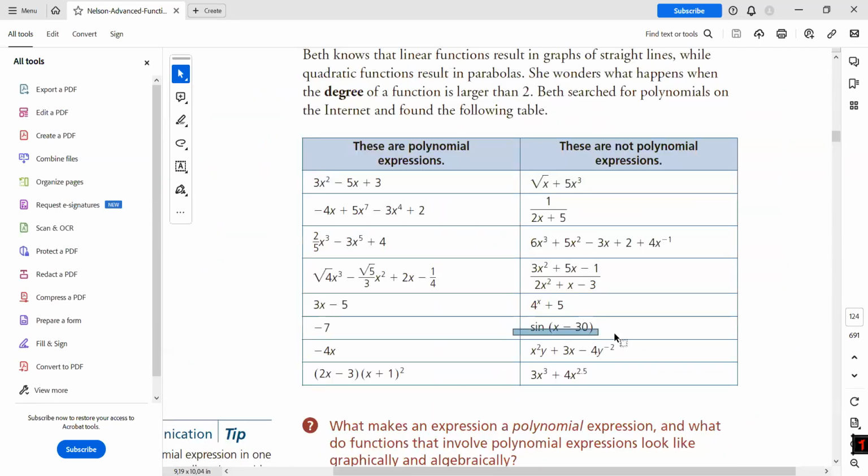Again, the sine function is not a polynomial function, that's why it's not a polynomial expression. And there is no exponent here for x, as you can see. Also, 4 to the power x plus 5 is not a polynomial expression because it's an exponential function. x here is an exponent. So this is not a polynomial function. This is exponential.